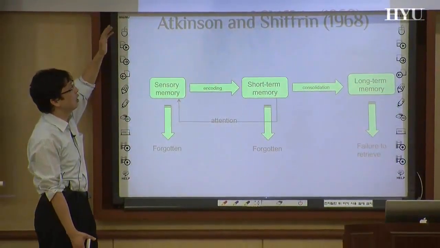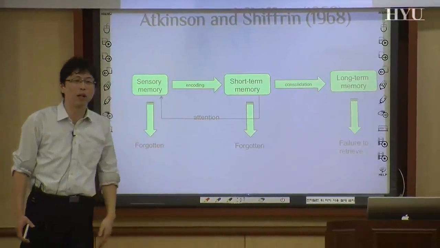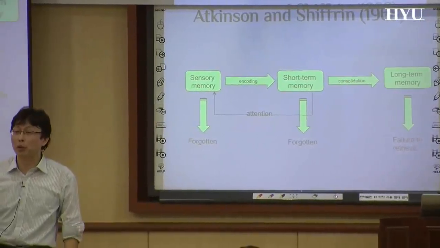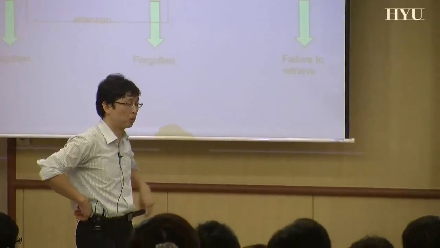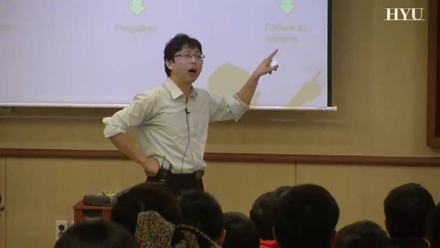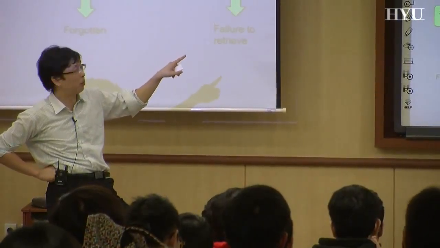Say the Atkinson and Shiffrin experiment in 1968, their framework gives us a really important conceptual framework to understand our human memory structure. Probably you have seen this in the simple model of the human mind, right?